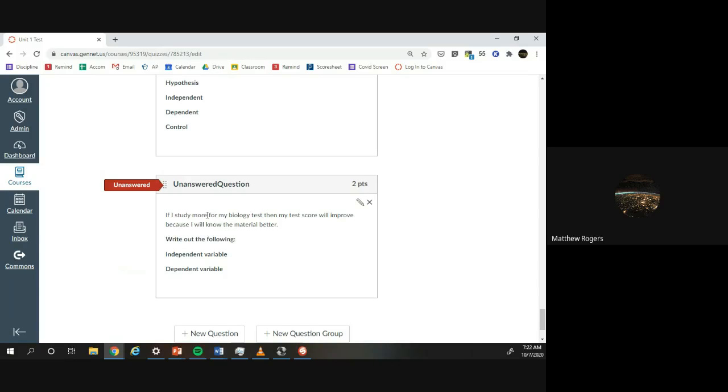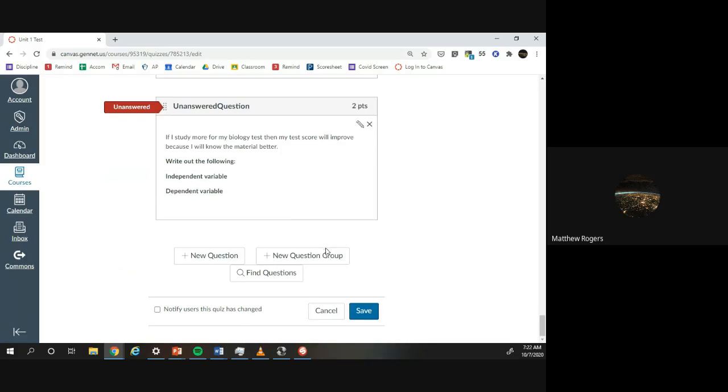So right there should tell you studying more for biology tests is independent. Dependent is test score. The other idea here is you think about what you change. Well, I change how much I study, and that will affect the test score, which is what's being measured. You guys can't directly affect your test score. You have to do something to affect it. So independent, dependent. So that's it.